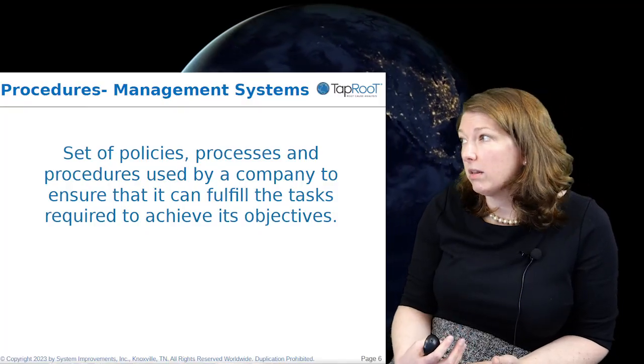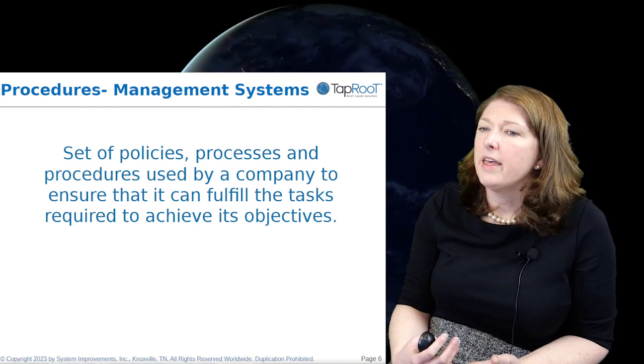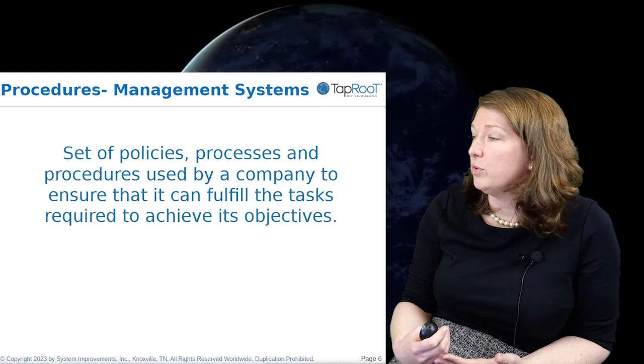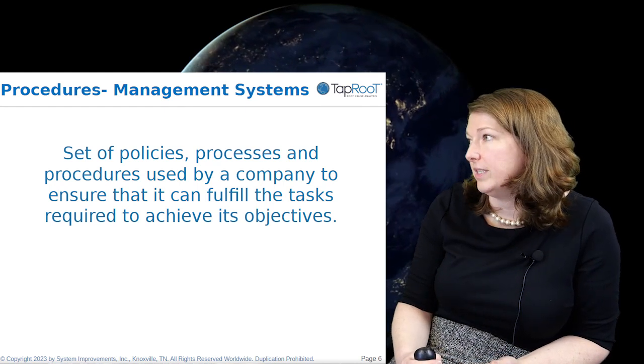Your management system is a set of policies, procedures, and processes that a company uses to ensure that it can fulfill the tasks required to achieve its objectives. So that's what we mean when we talk about management systems. And we have a management system category on our root cause tree. You could have some technical, some management issues that could be leading to procedure issues.